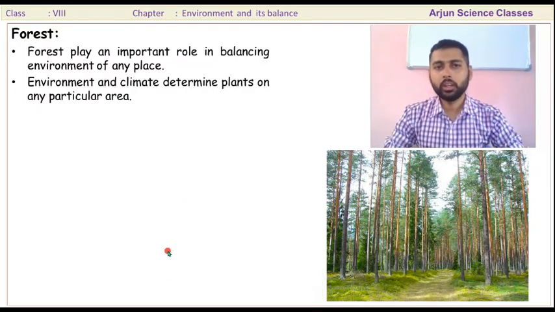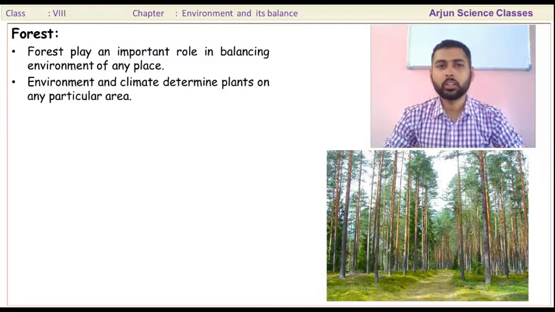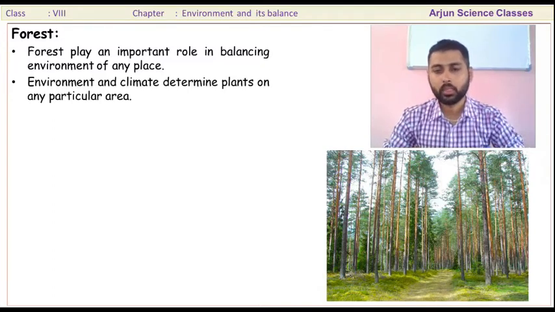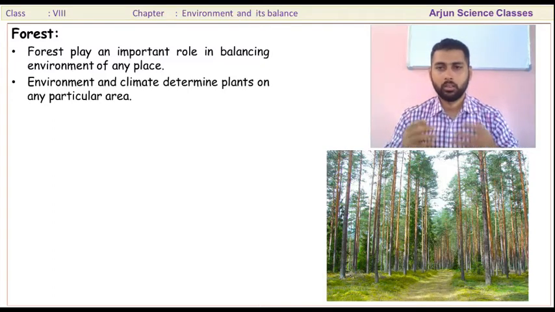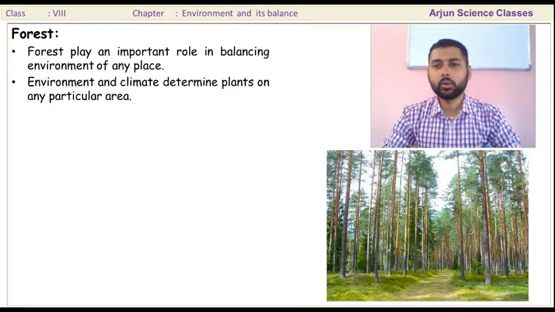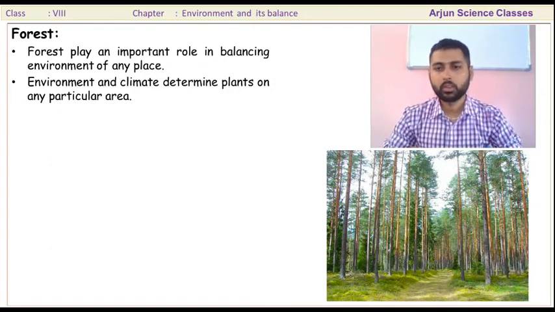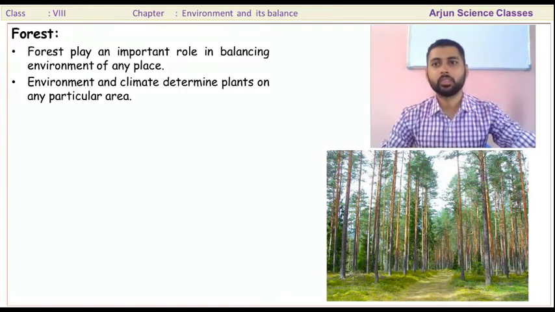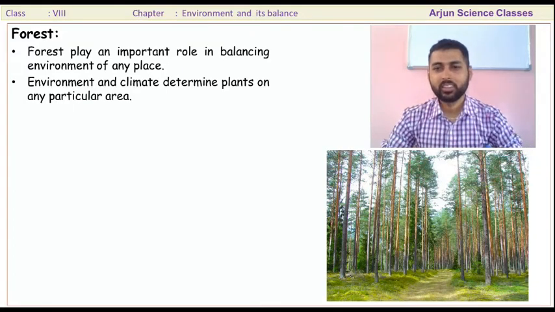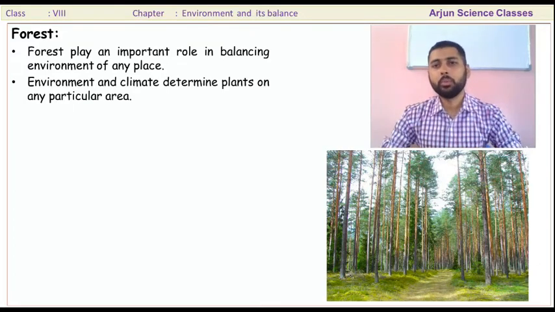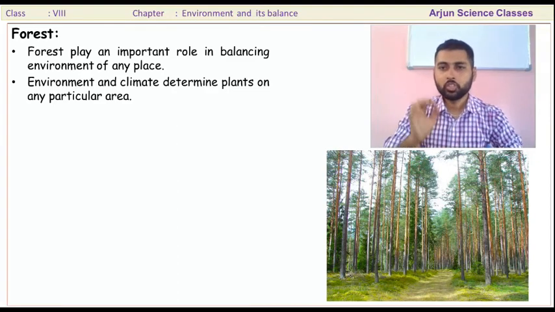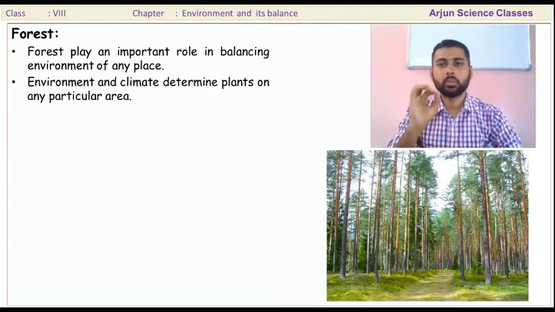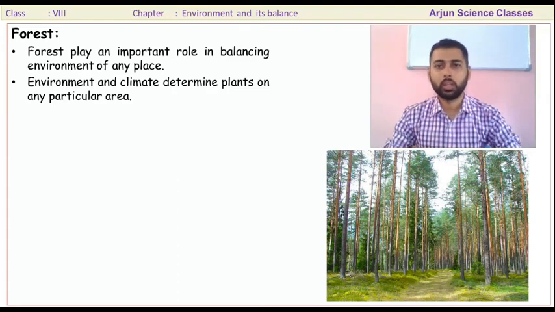Environment and climate determine the plants in any particular area. We know that different types of plants are found in different habitats. Those plants found in the Terai region are not found in the mountain region or in the hilly region. A particular type of climate determines particular species of plants as well as animals.